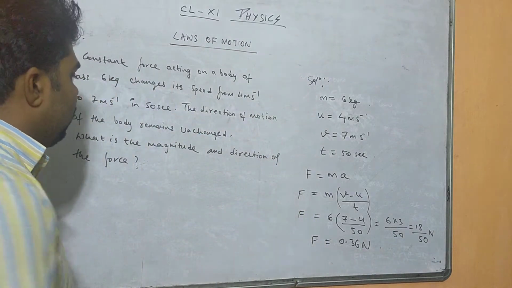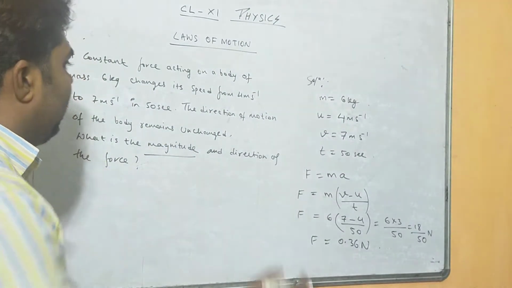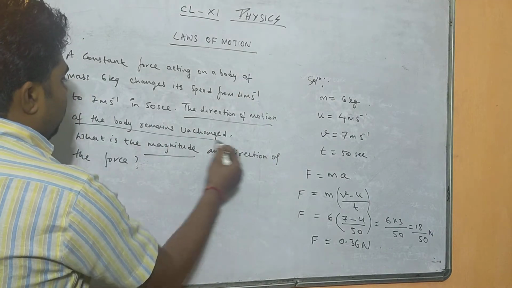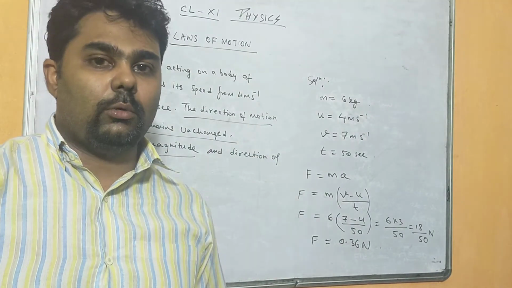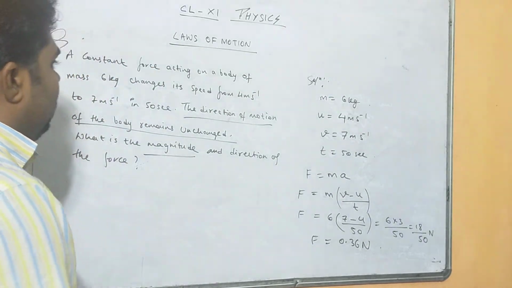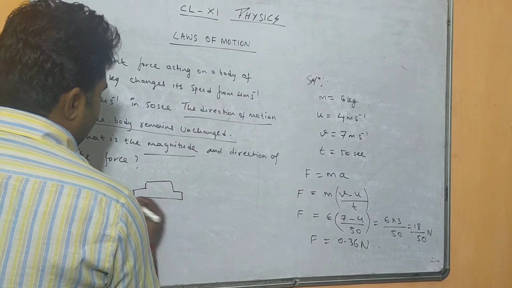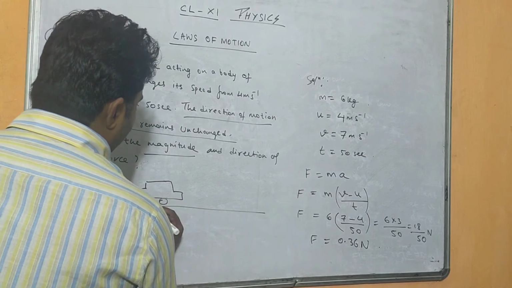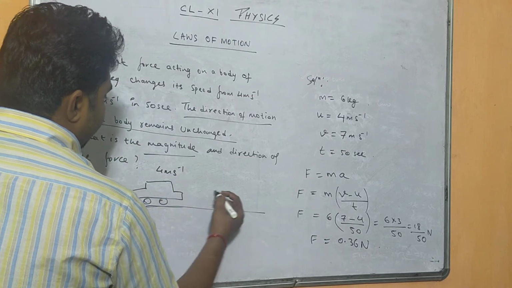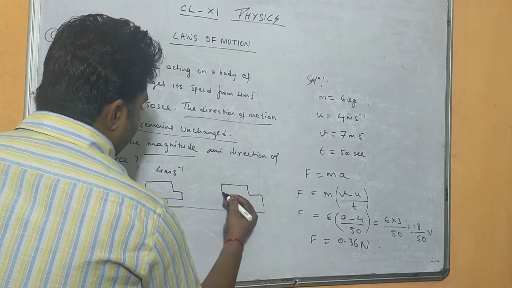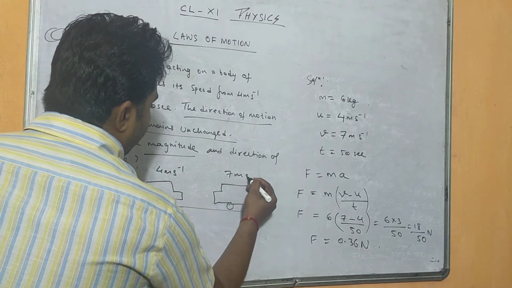Okay. Now we have got the magnitude of that force. Now we need to find the direction. You see in the question it is written that the direction of the motion of the body remains unchanged. That means in which direction the body was moving, the object will be in the same direction. So if I consider that object to be a car, which is moving on a road, its velocity is changing from 4 meter per second to 7 meter per second, right.